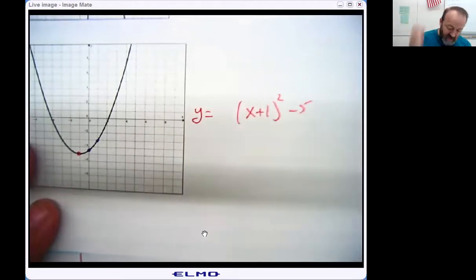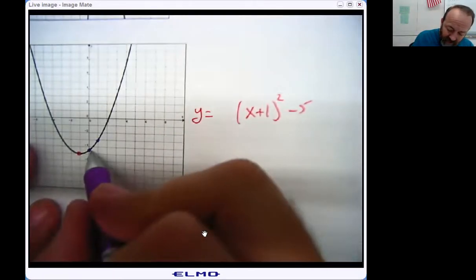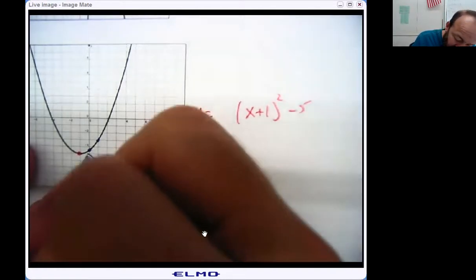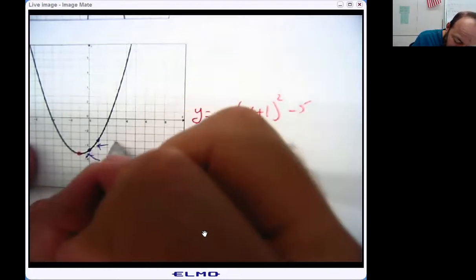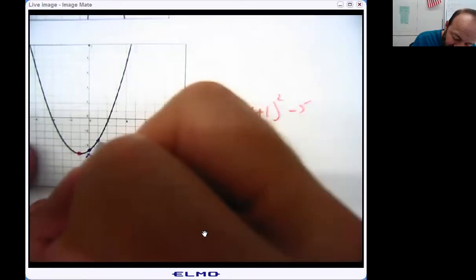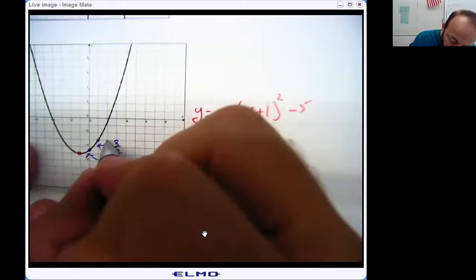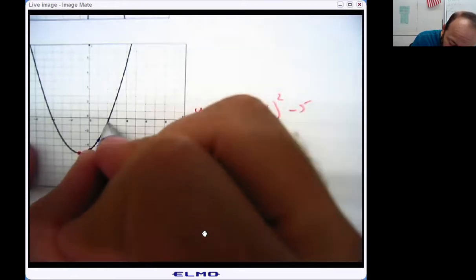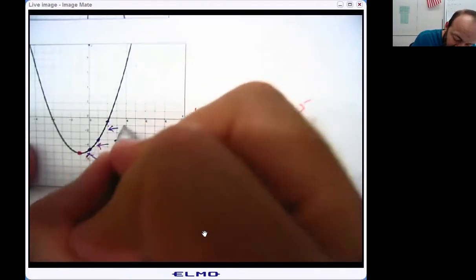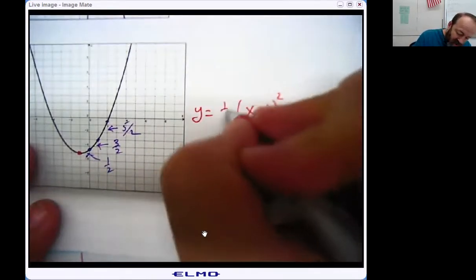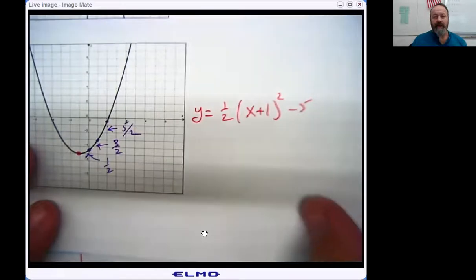But what I notice is it looks like it might go up a half, and then it goes up 1.5. So in other words, it went up 1/2 here, it went up 3/2 here, and let's see, does it go up 5/2, also known as 2.5, here? Oh, it does look like it does that. So it looks to me like we just have a stretch factor of 1/2.